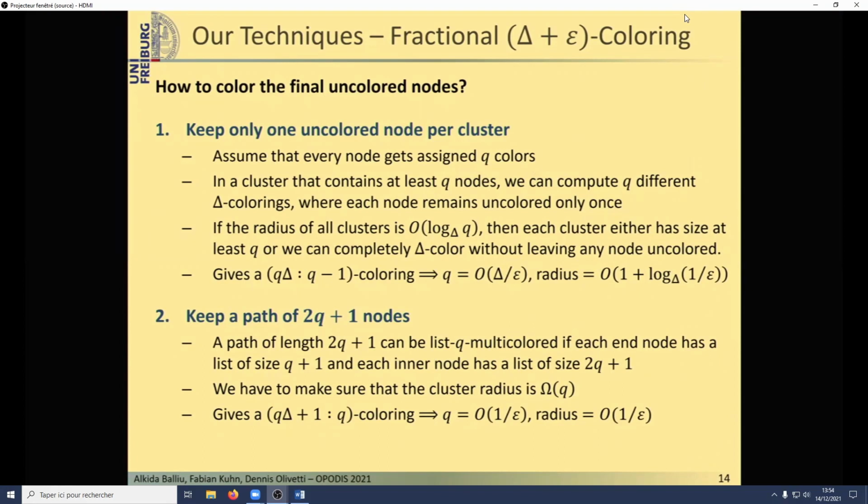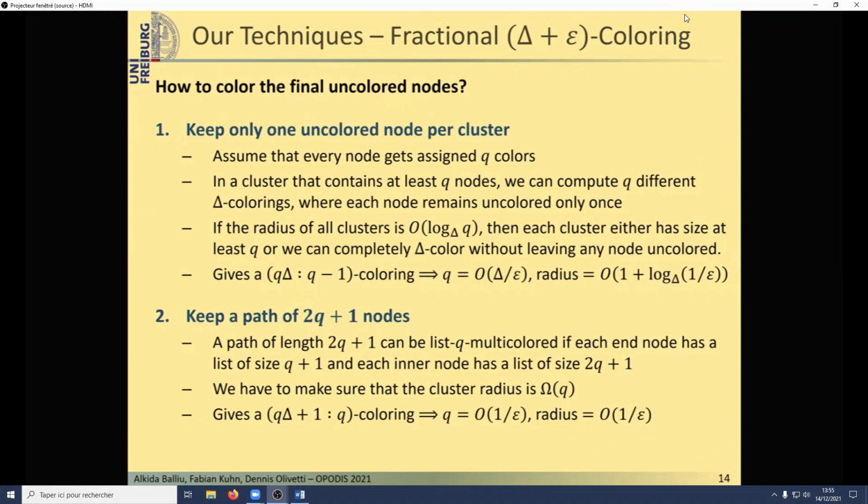Now let's assume that we use Q colors for each node in our coloring. So if a cluster contains at least Q nodes, then what we can actually do is compute Q different delta colorings, where we go over all the nodes. So we compute Q colorings, and each node is uncolored in one of the colorings.